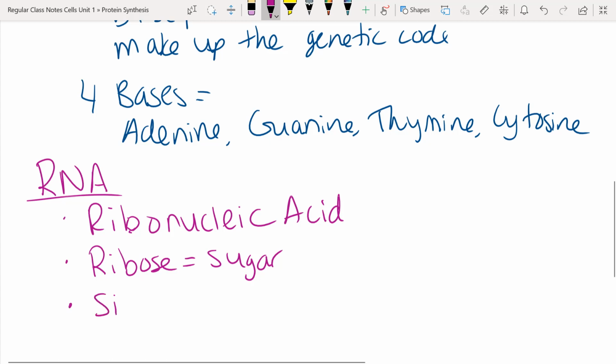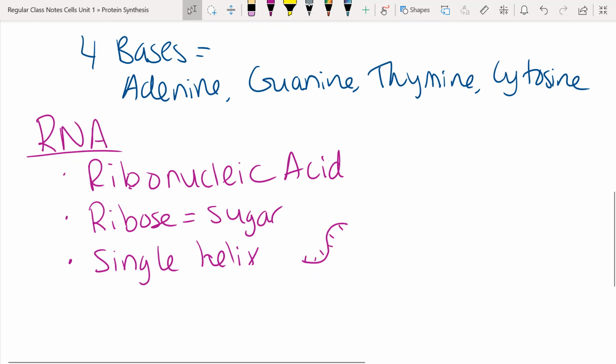It's going to be a single helix. So unlike DNA that's a double helix, it's just a single helix, so it's going to look like this. It doesn't have 2 sides. So you have the bases exposed. They're not held together by 2 sugar phosphate backbones.